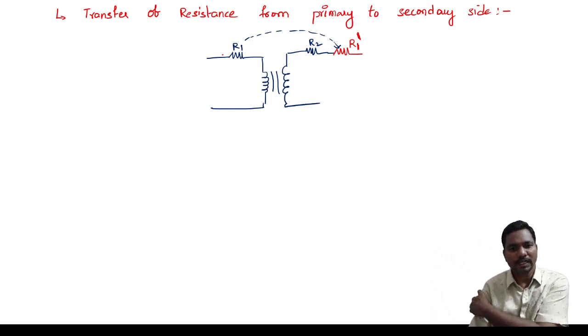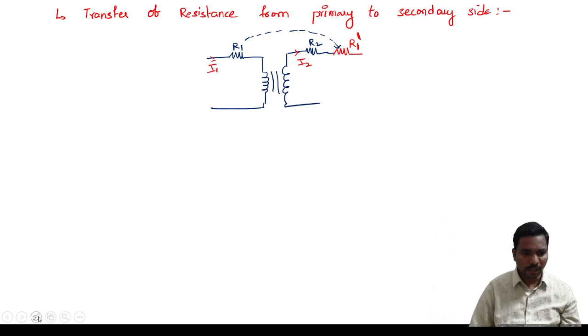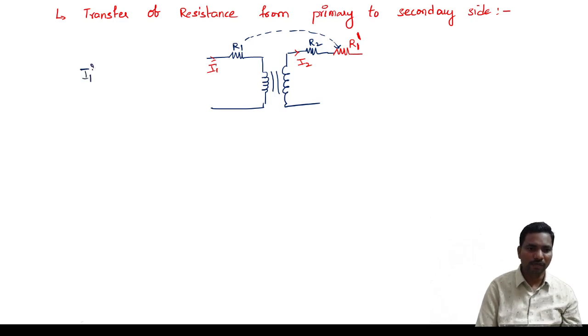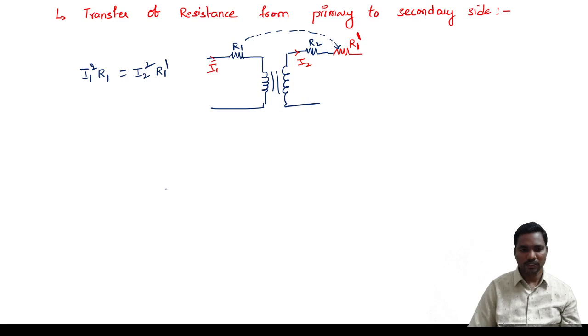Here I1 current is flowing, here I2 current is flowing. Due to that resistance, we get losses. The losses in the primary side are I1 square R1, which is equal to the losses due to the I2 current, I2 square into R1 dash. We require R1 dash now, so send this I2 square to the other side.